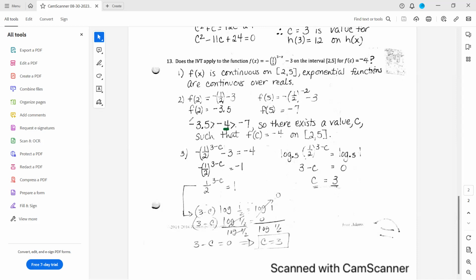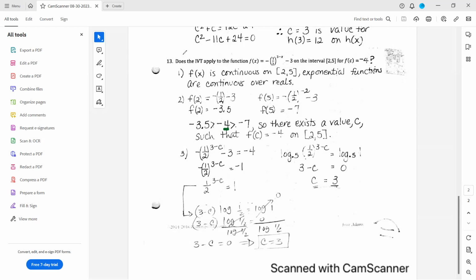So remember how showing that it applies has two parts, right? This is the first part, this is the second part.